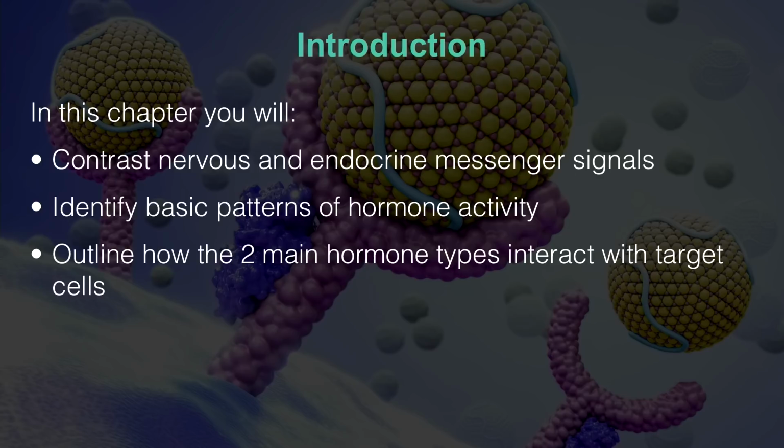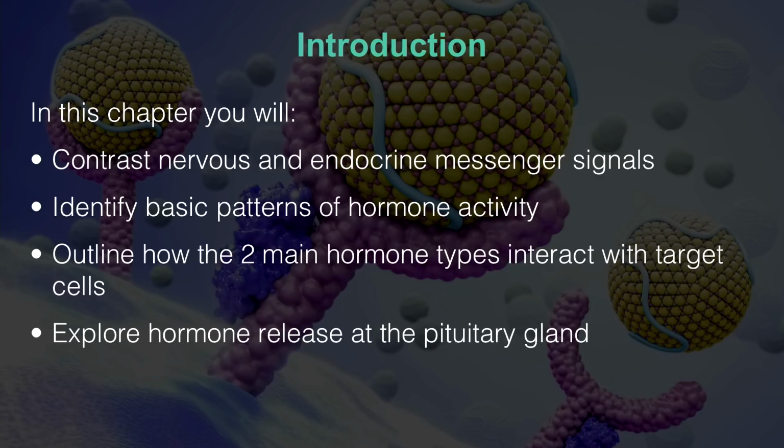So you've got general activity, you've got 2 classes of interaction, and then there's layers of activity where a signal can be strengthened or blunted or might exert a completely different effect at the same target tissue. We'll talk about some of those mechanisms that modify the hormonal function as well.